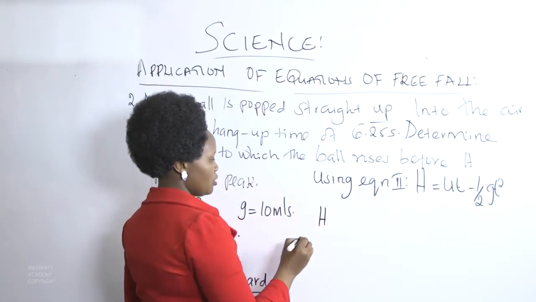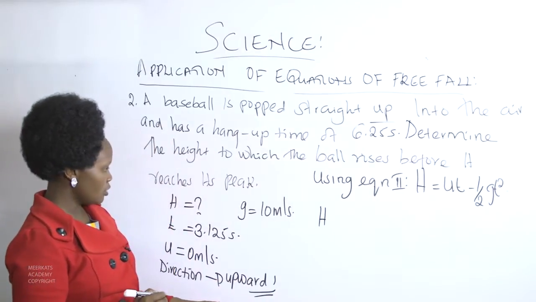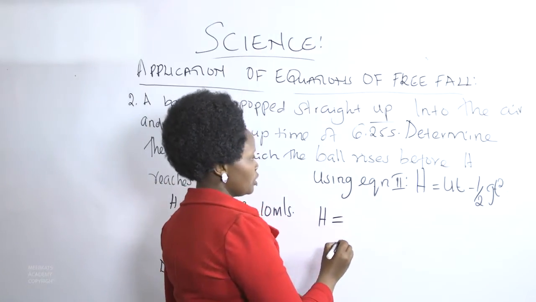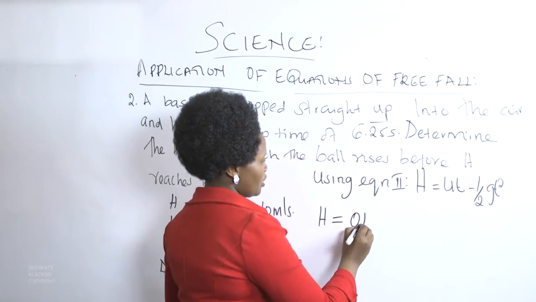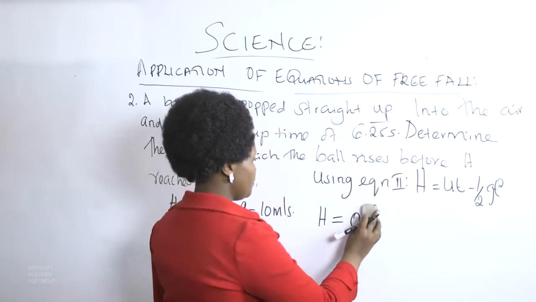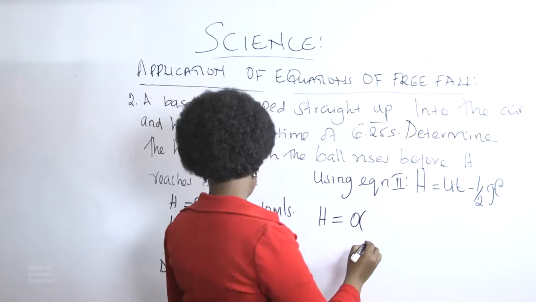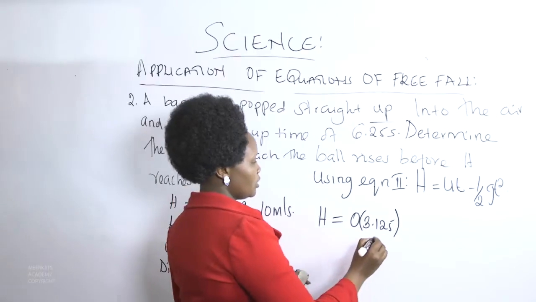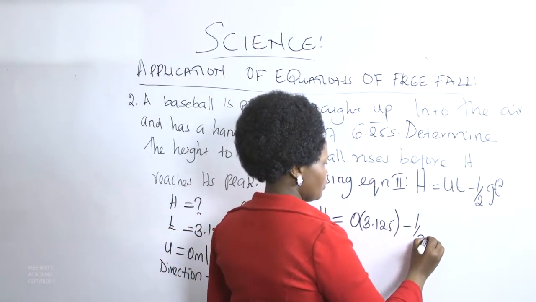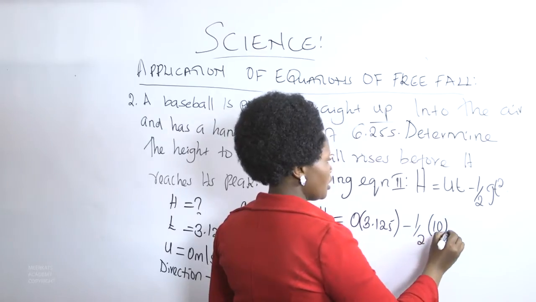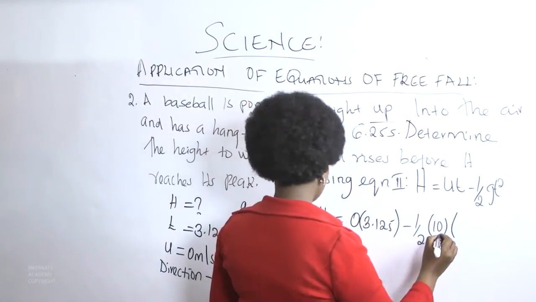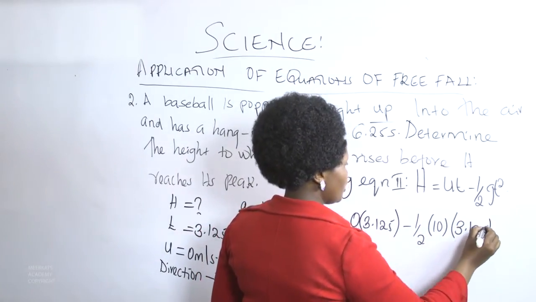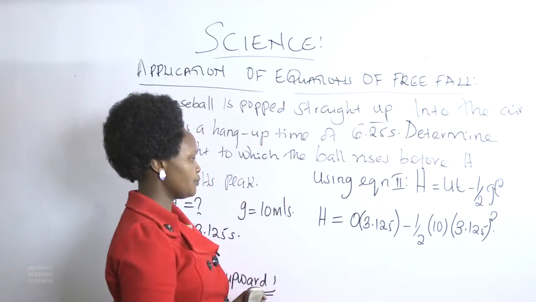H is what we want, so we can substitute for the values that we have, and u is 0. Then h is 0 times 3.125 minus a half times g, which is 10, times t, which is 3.125 squared.